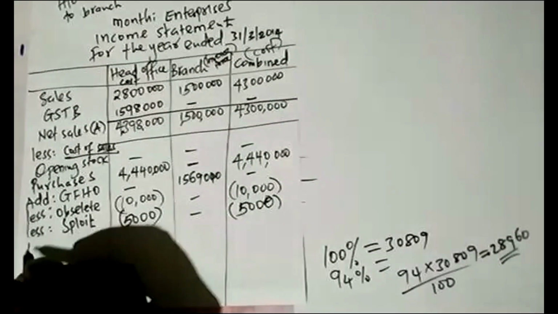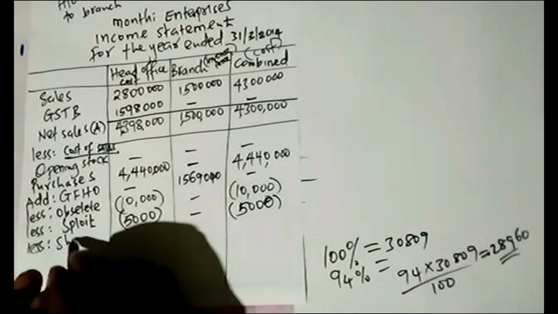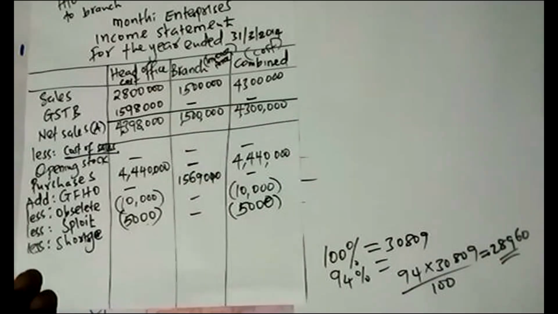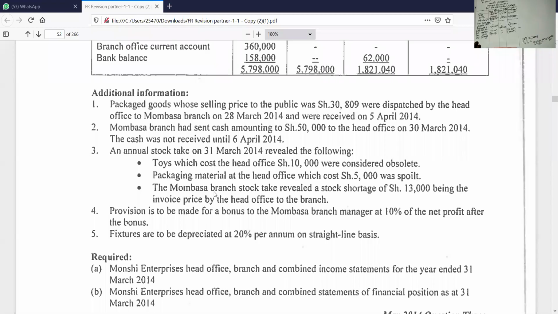After that, we have to raise now the shortage. The shortage was according to note 3, and it was at invoice price. Under note 3, Mombasa branch stock take revealed a stock shortage of 13,000 at invoice price by the head office to the branch.